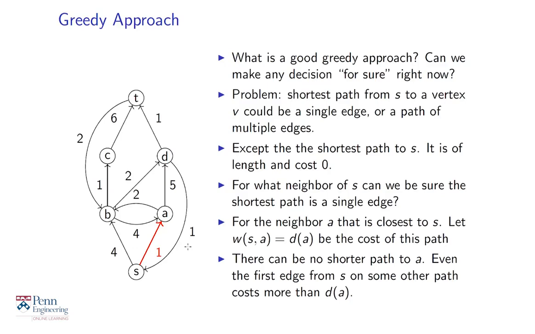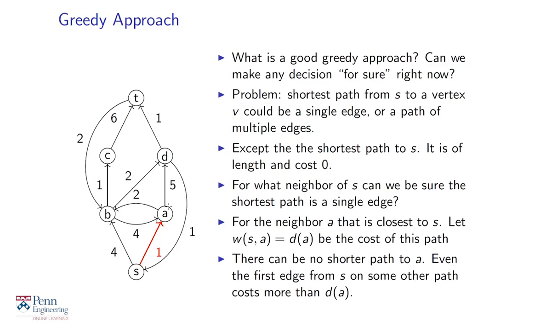Well, if the shortest path did something else, it has to take some other edge out of S, and then continue on to A. But that first edge that the shortest path would take out of S already costs at least as much as the edge SA, which is the total length of the shortest path to A if you took the edge SA. So clearly, no other path can beat just going straight from S to A, where A is, of course, the neighbor that has the smallest weight edge from S.